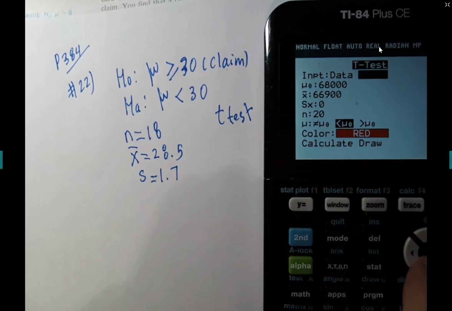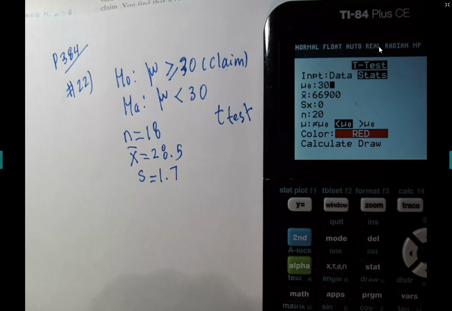Okay, mu 0, just like you did, guys, before, 30. X bar, which is 28.5. You see here, it says S. It doesn't say sigma, so it is S, 1.7. N is what, 18?